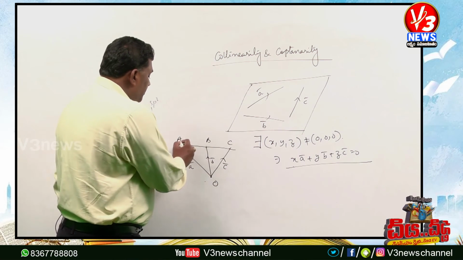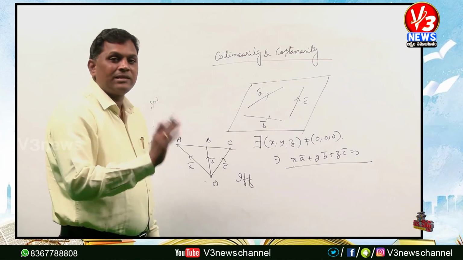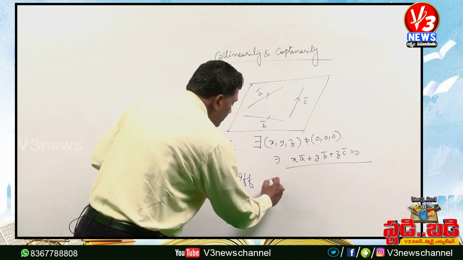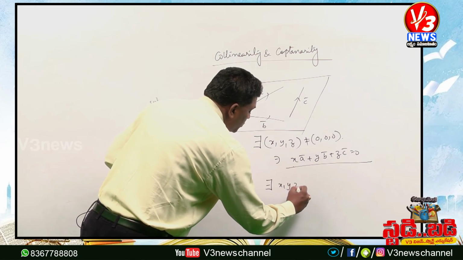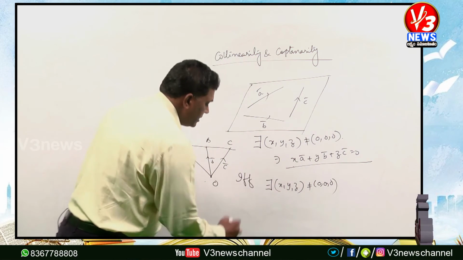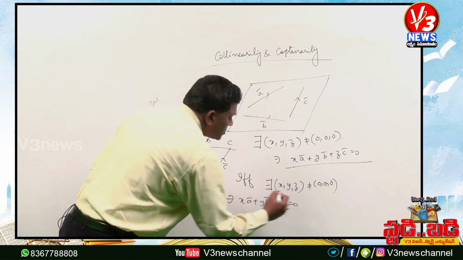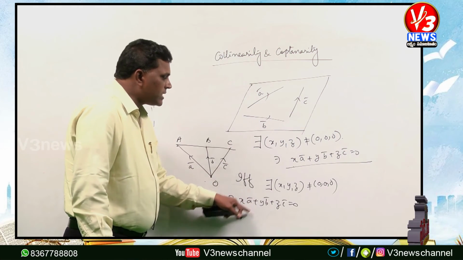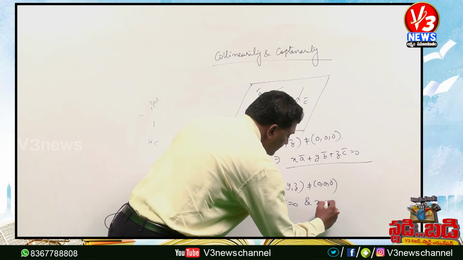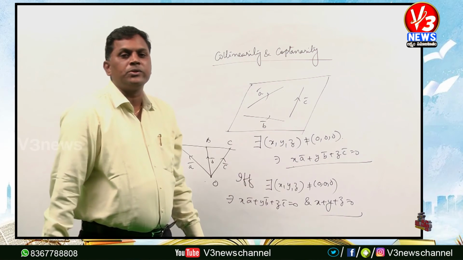Then the points are collinear if and only if, as a necessary and sufficient condition in both directions, there exist some real numbers x, y, z, not all zero simultaneously, such that x A bar plus y B bar plus z C bar equals 0. It almost resembles the previous condition, but additionally we get x plus y plus z equals 0.